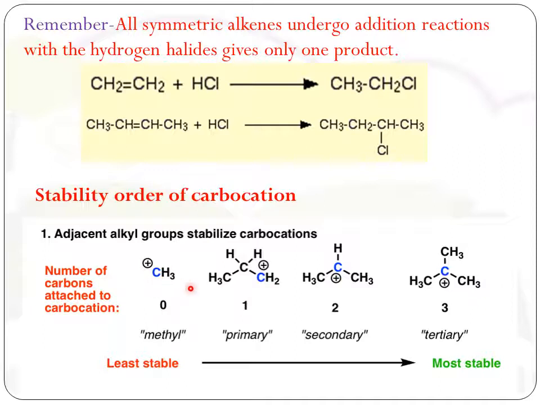So to stabilize this electron-poor species, the carbon should have an electron donor group. If it has an electron donor group, then it becomes a stable carbocation. But in methyl carbocation, there is no donor group, only 3 hydrogens are present on this carbon.